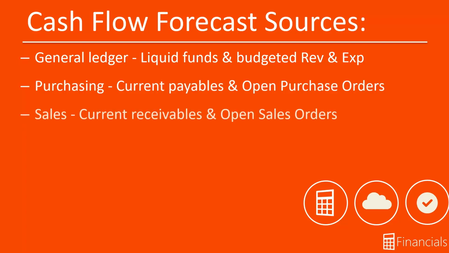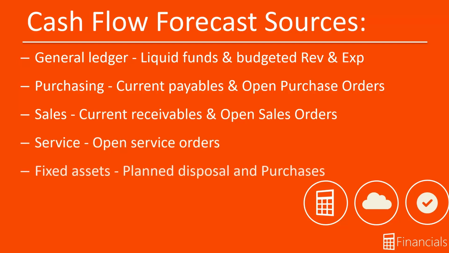Sales information about the current receivables and any forecasted receipts from open sales orders. Service information about open service orders, fixed asset information about planned disposal and budgeted purchases of fixed assets, and manual revenues and expenses to manage and include them in the cash flow forecast.